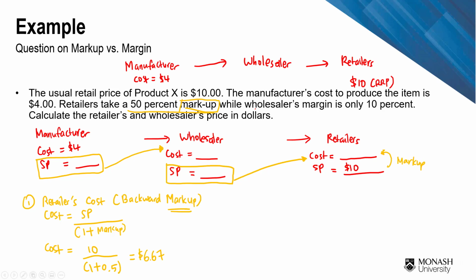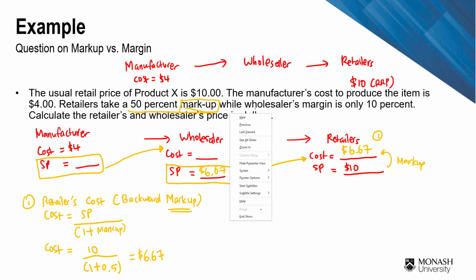Now if you think about it, I solved the first part of it, so this becomes my $6.67, so that's the cost. And also, because the cost of the retailers will be my wholesaler selling price, I can fill up this table straight away. So this is number 1, and this is also number 1.